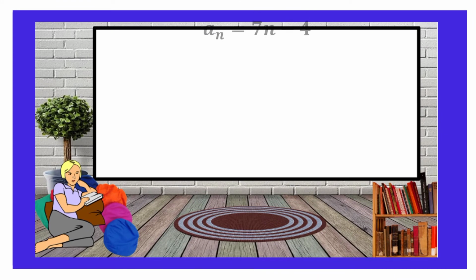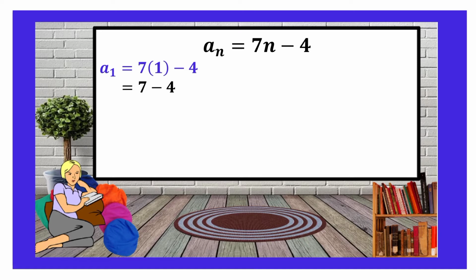Now let's consider the sequence whose nth term is defined as a sub n equals 7n minus 4. If we are asked to get the first 5 terms of the sequence, let's start with n equals 1. So, we have a sub 1 equals, since n is equal to 1, 7 times 1 minus 4. But what is 7 times 1? 7 minus 4 equals 3.